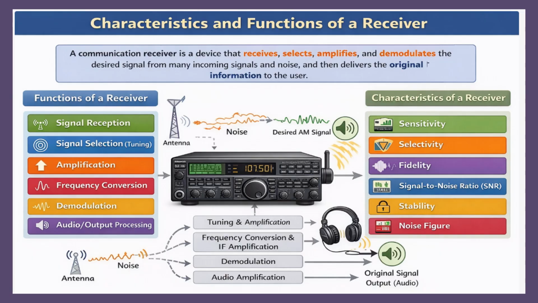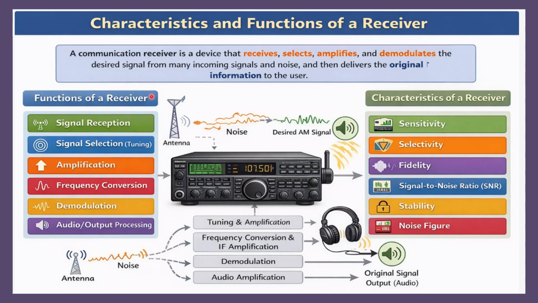Now let's talk about the characteristics and functions of the receiver. The communication receiver is a device that receives, selects, amplifies and demodulates the desired signal from many incoming signals and noise, and then delivers the original information to the user. This is the objective, right?